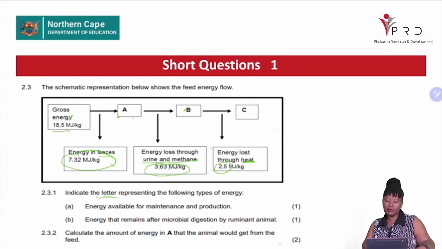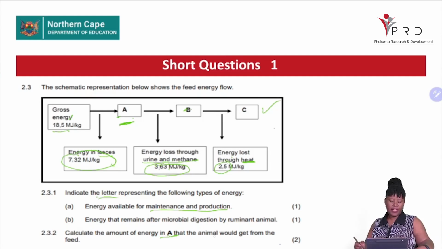This is not available due to these losses, which means it is the only one that is available for maintenance and production. Energy that remains after microbial digestion by ruminants. Which energy will be that? Calculate the amount of energy in A that the animal will get from the feed.